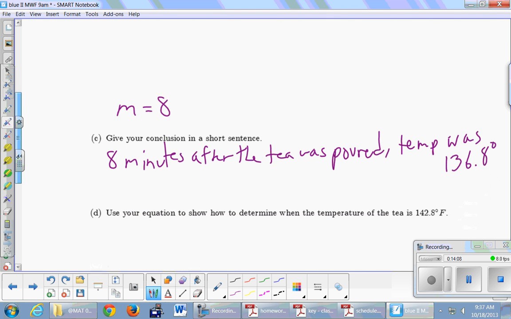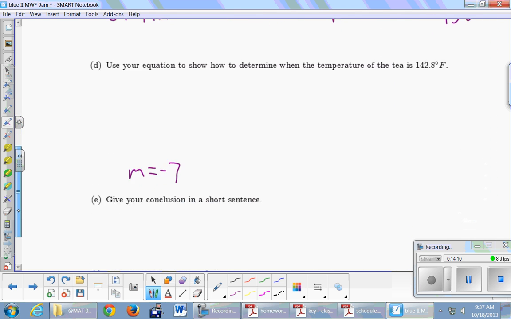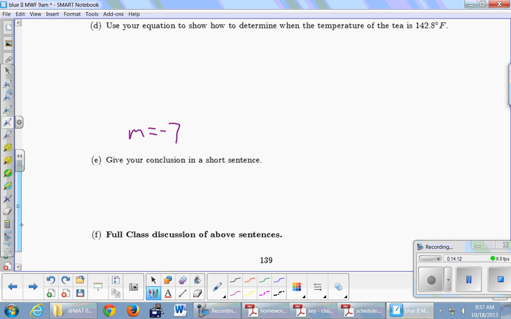And then something quite similar for down here, m equals 7 is our answer. Is that a before, a when, or an after? It's a before. So what I say, negative 7 minutes before? 7 minutes before. If you give me a sentence with negative 7 in it, it's not really a clear sentence.